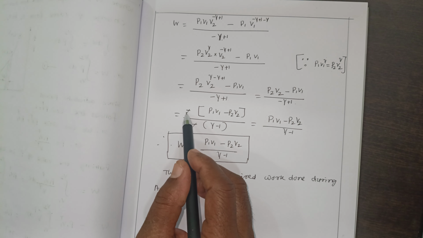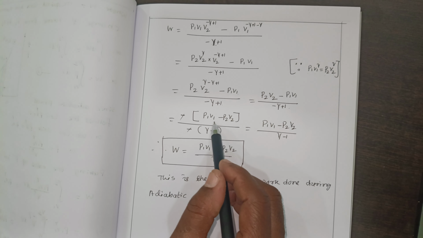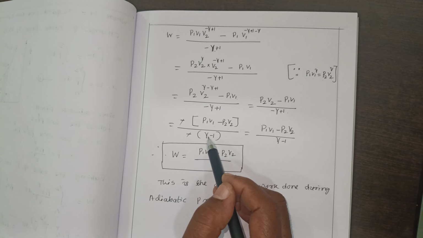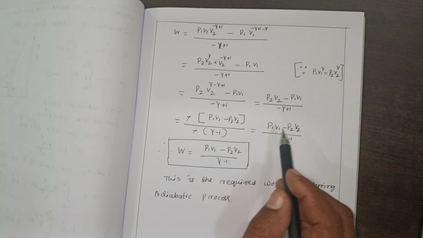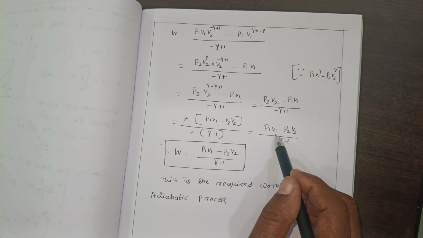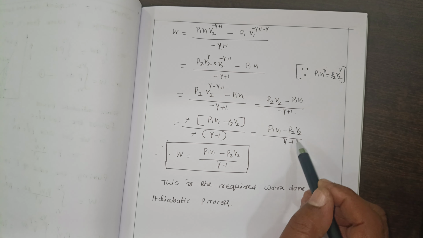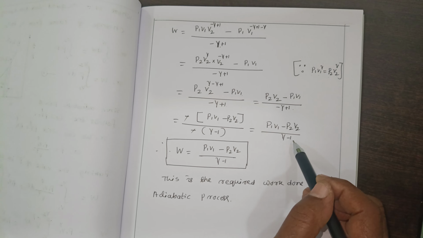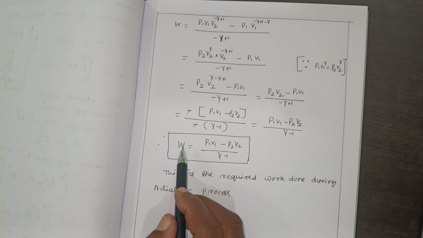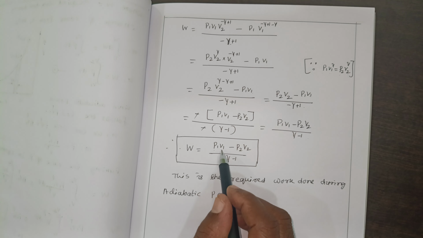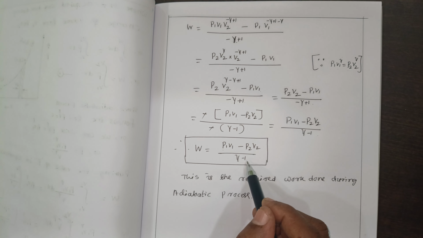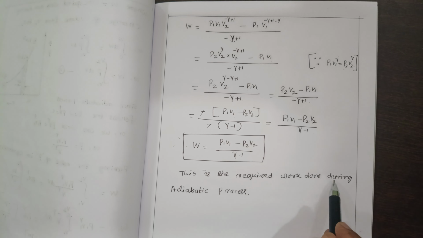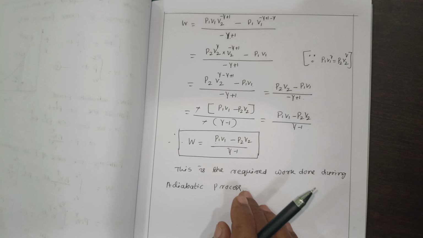Taking common minus, minus of P1 V1 minus P2 V2 divided by gamma minus 1. Minus minus cancel, so we can write P1 V1 minus P2 V2 divided by gamma minus 1. Or W is equal to P1 V1 minus P2 V2 divided by gamma minus 1. This is the required work done during adiabatic process.